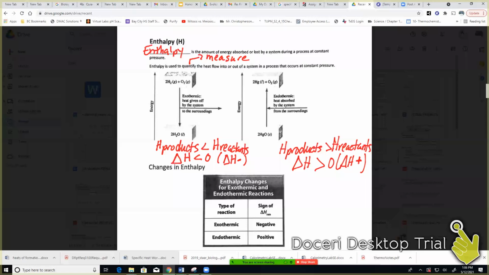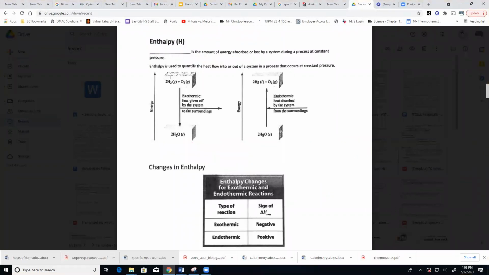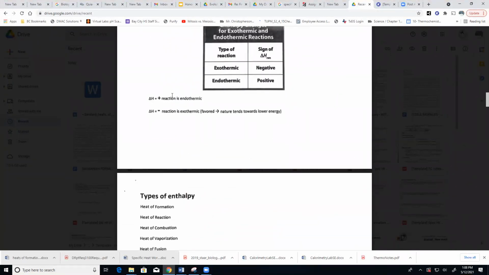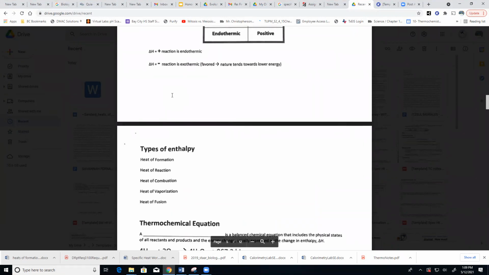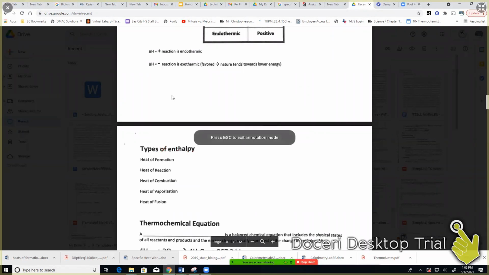And that little box just says the same thing, talking about endothermic or exothermic and what you would look for in regard to their sign. So a delta H of reaction, if it's positive, then we're talking about endothermic; negative, exothermic. And the negative is favored. Nature tends to want to be toward the lowest energy.